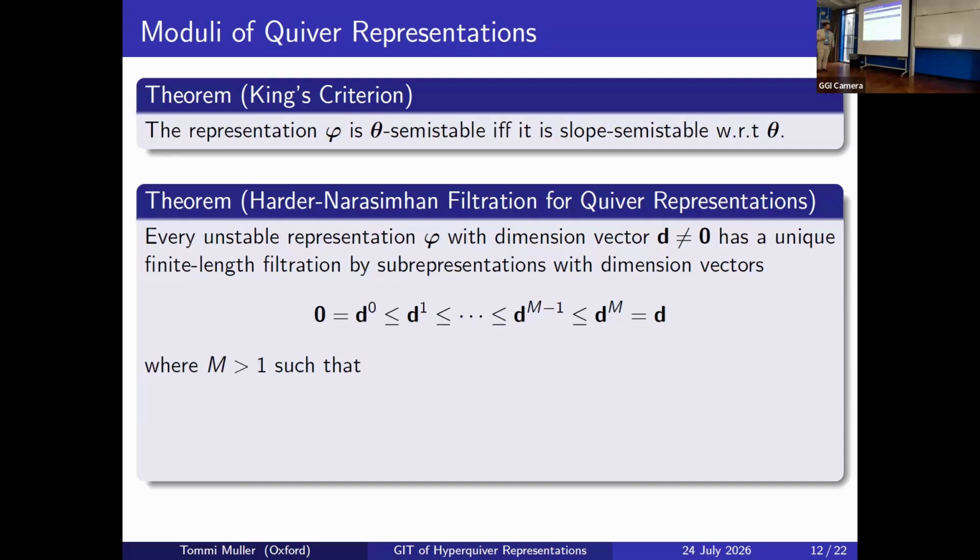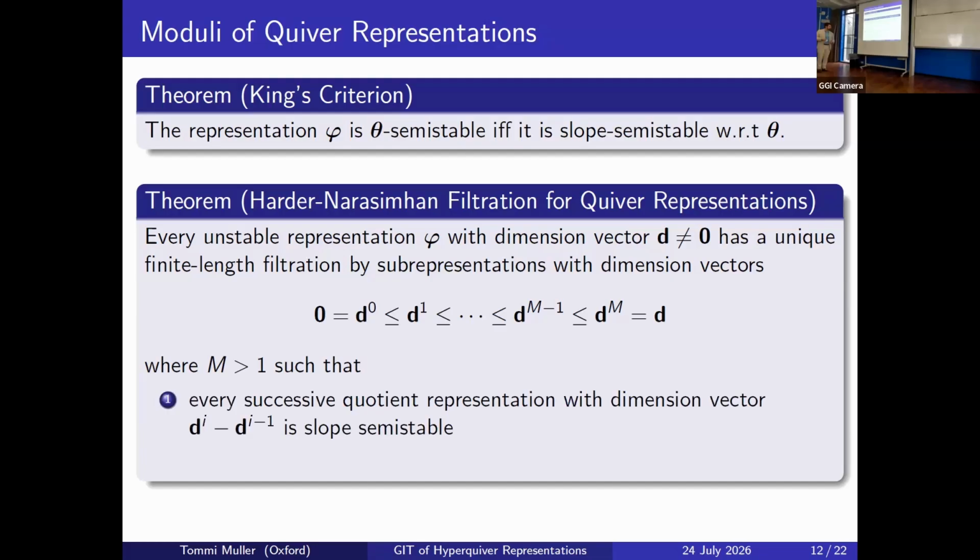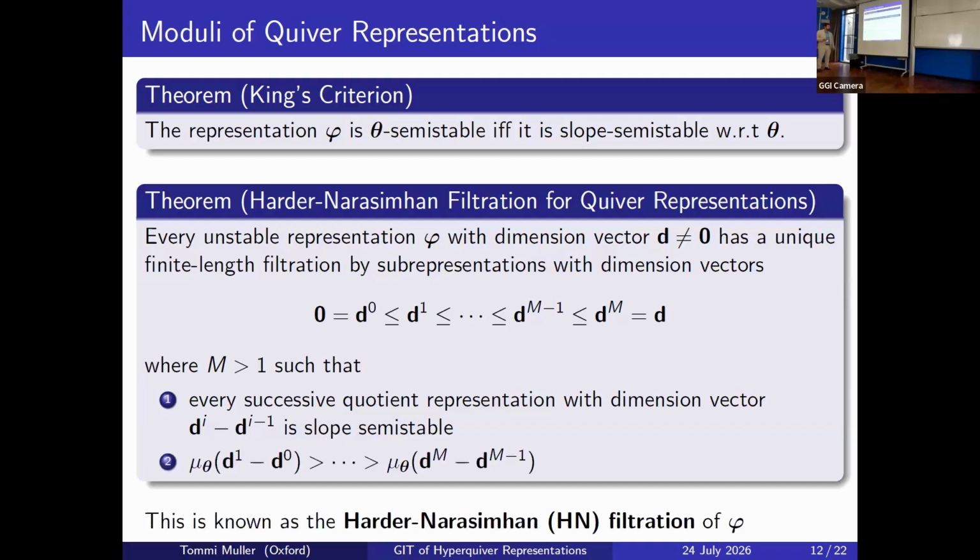This filtration is characterized uniquely by two properties. The first is that every successive quotient representation, so if you have sub-representation I and sub-representation I minus 1, the quotient I mod I minus 1, which has this dimension vector, has to be slope semi-stable. So every successive quotient is slope semi-stable. That's the first condition. The second condition is that the slopes of these slope semi-stable representations have to decrease, like this.